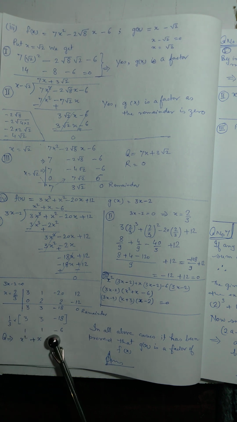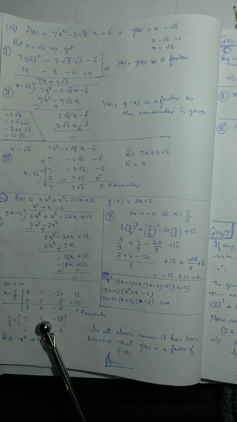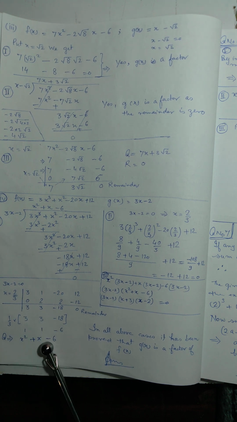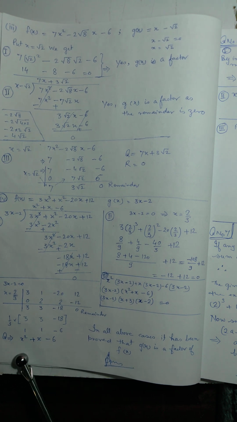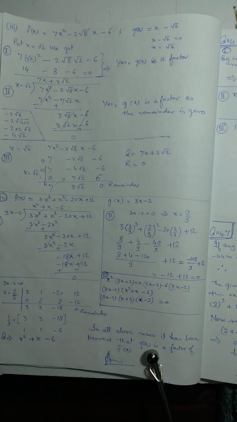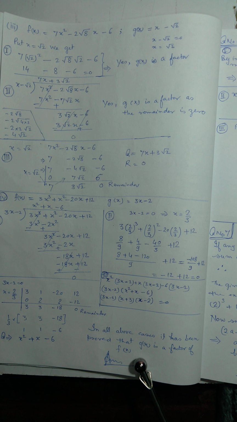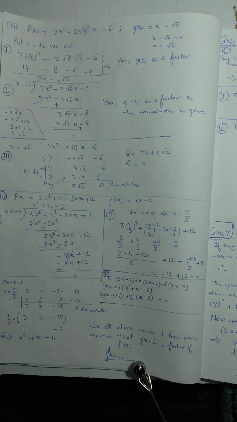You see, 1 by 3 into 3, that will be 1. Minus 18 by 3, you will get minus 6. So our quotient will be x square plus x minus 6. In all the above cases, it has been proved that gx is a factor of fx.